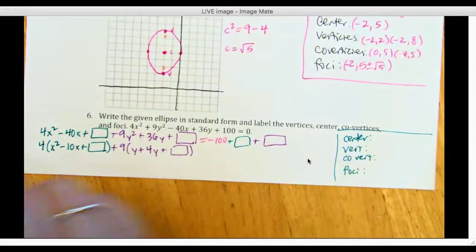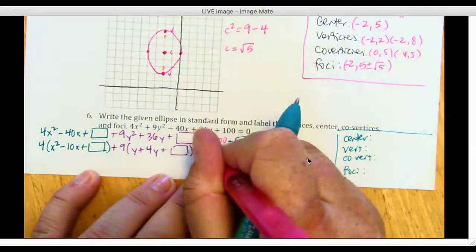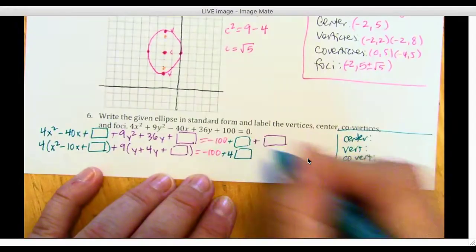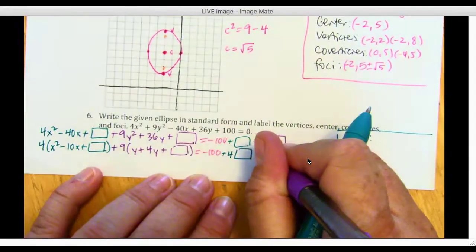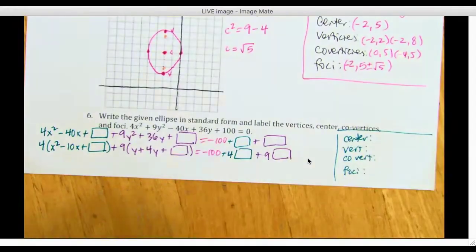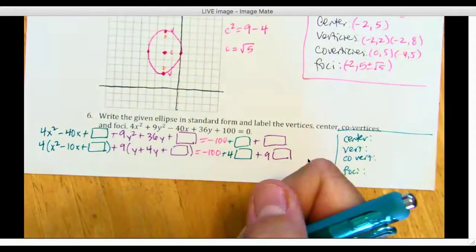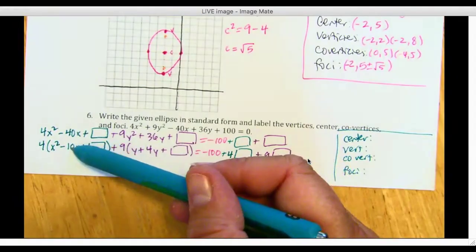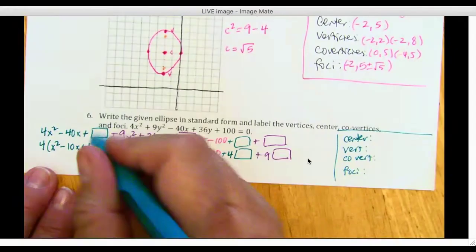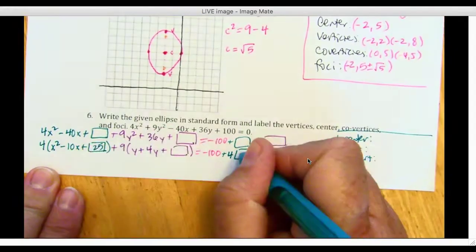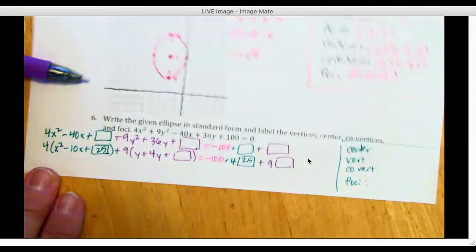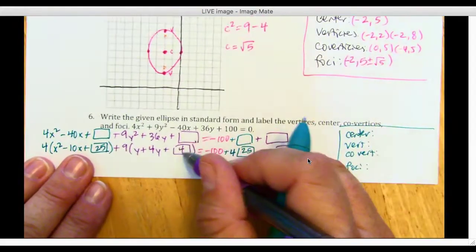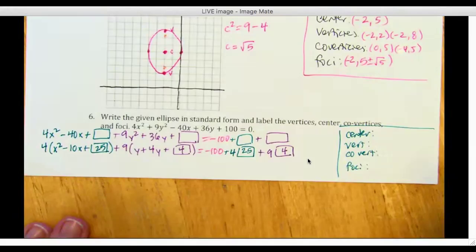And then what I'm really adding to the other side is 4 times what I put in the box and 9 times what I put in the purple box. So what's going to go in this box here is my b value divided by 2 squared. So -10 divided by 2 is -5 squared is 25. And here, 4 divided by 2 is 2, squared is 4. And so that's what's going in those boxes.